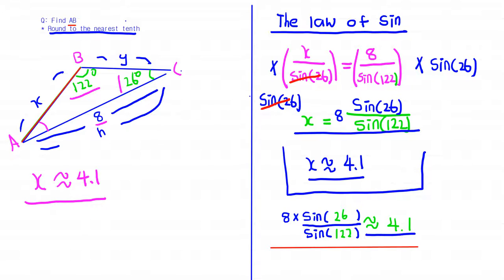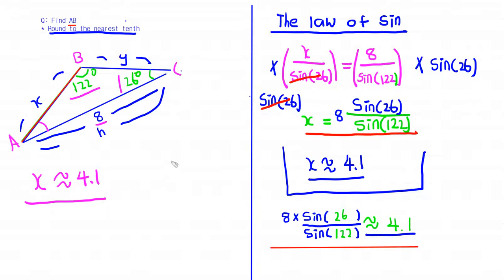And in the second step, we talked about the law of sine again, and we tried to isolate x, which is AB, what we wanted to find. We finally isolated x on the left side, and we were left with this final equation, x is equal to 8 times sine of 26 over sine of 122.